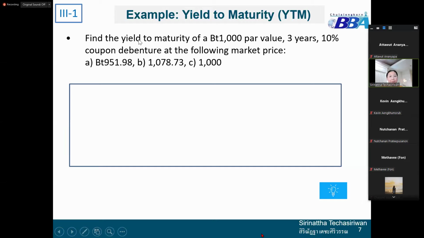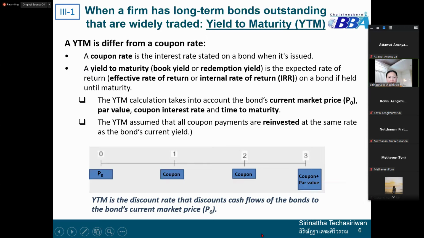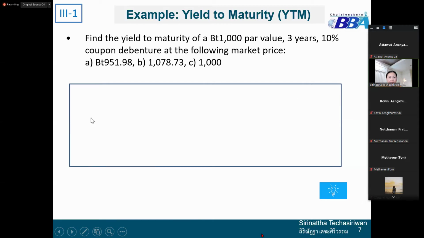Okay, and here in this slide, find the yield to maturity of 1,000 par value, 3 years, 10% coupon debentures at the following market price. So you don't need to calculate. Actually, you can calculate using your knowledge about time value of money, right? Because yield to maturity basically is the discount rate that discounts the coupon to the price, right? So you can set this as a present value.